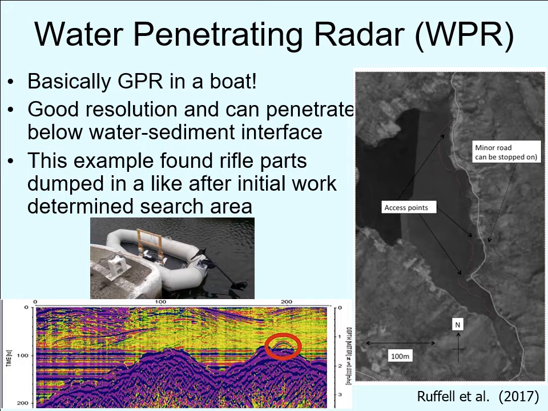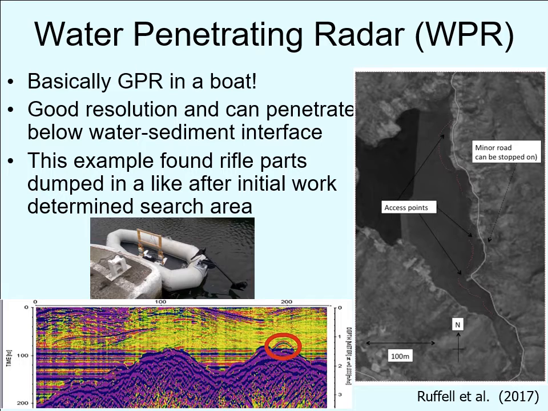Again, collecting 2D profile data, and in this example, rifle parts were thrown into this lake. You can see the image on the right, and they did some tests on how far someone could throw something into the lake to get an idea of the survey area and access points, to limit the area that needed to be surveyed.